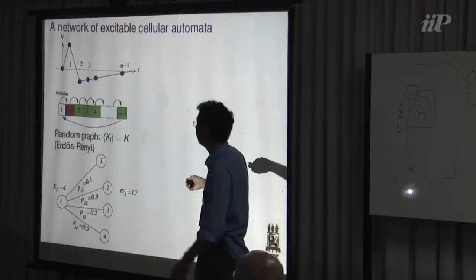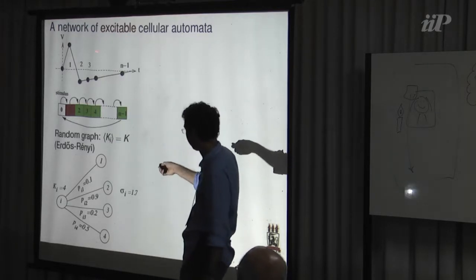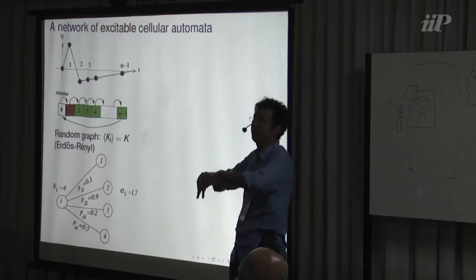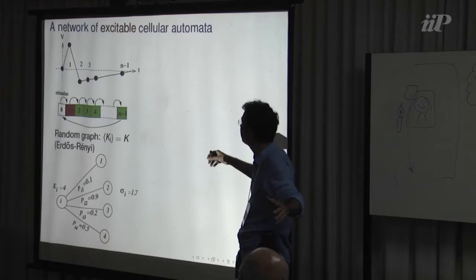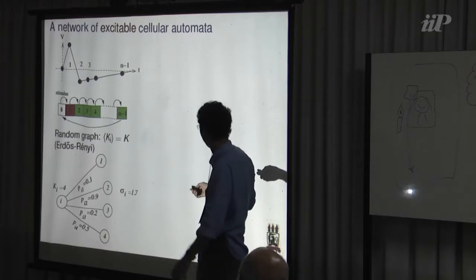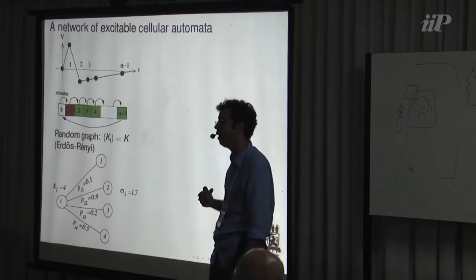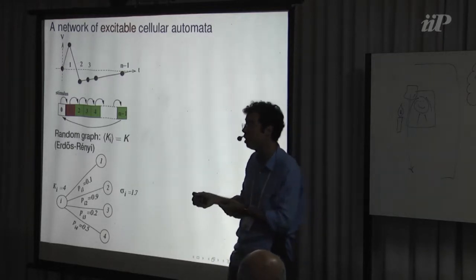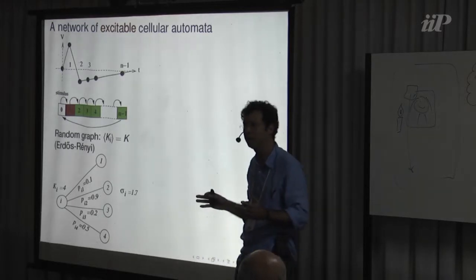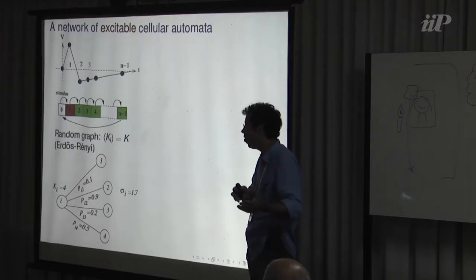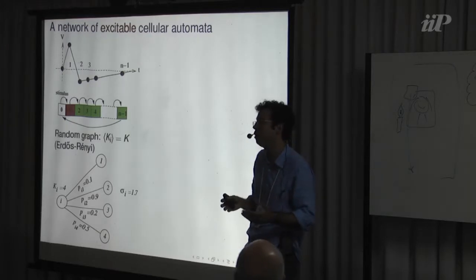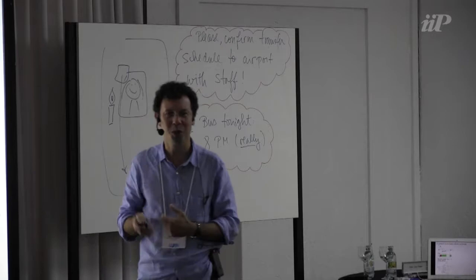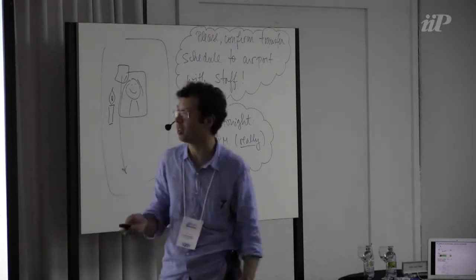You have the Hodgkin-Huxley equations, complicated equations to describe this, but since I want to model a large number of neurons, I cannot afford to simulate 10,000 of those Hodgkin-Huxley equations. I also have faith from statistical physics that maybe I don't need to, because if I throw away everything and keep just the essentials, maybe I'll get the same results. That's what decades of statistical physics teaches, that you can throw away several things. There's a bit of a leap of faith, but you take the leap, and then you come back and check eventually.